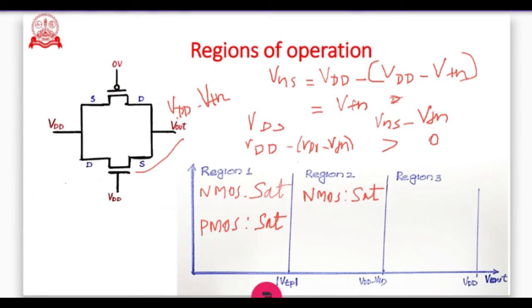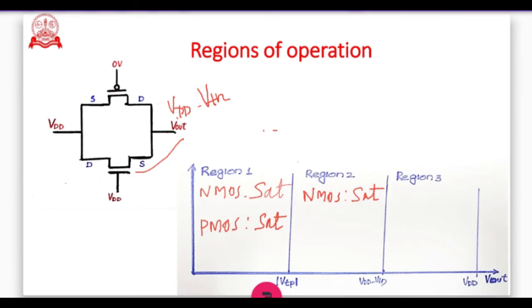Now we will check PMOS. In PMOS, first we check whether it is on or off. VSG is equal to VDD, so PMOS is on. Now we check which region it is operating in. We compare VSD and VSG minus modulus of VTP.